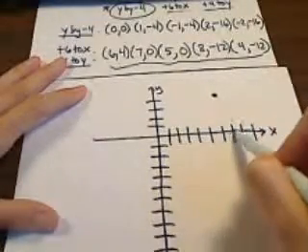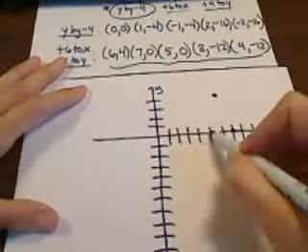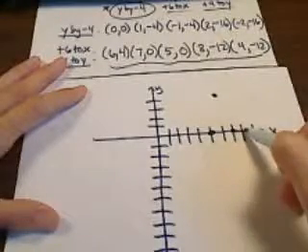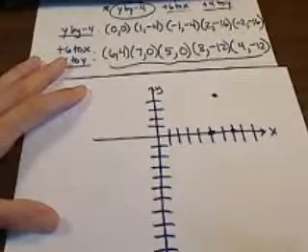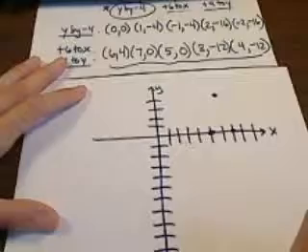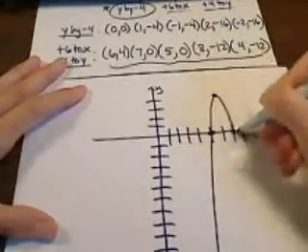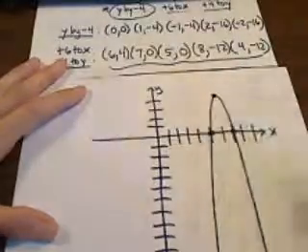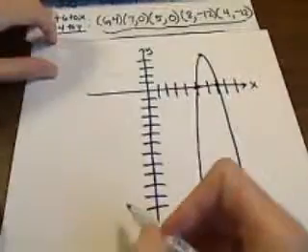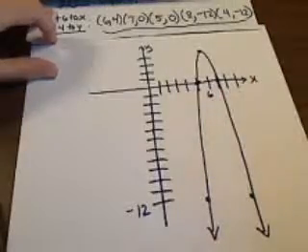And over 7, and I'm at 0. And then at 5, I'm at 0. And then I've got the point 8, negative 12, so over 8 and down 12 is this last point right here. It's made it really skinny. And then 4, negative 12 is down here. So it's a very skinny parabola. The reason for that is because of the 4. You can't really see that. This right here is negative 12. I did these by units of 1, so this is 6.